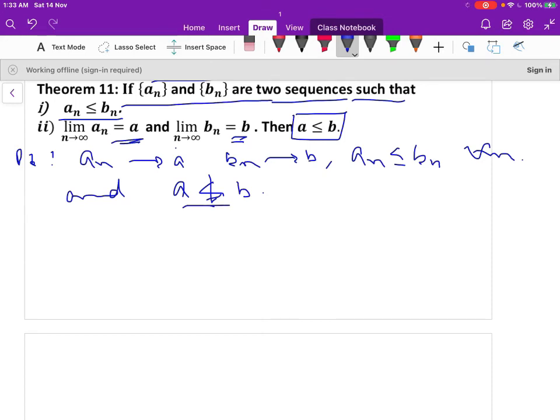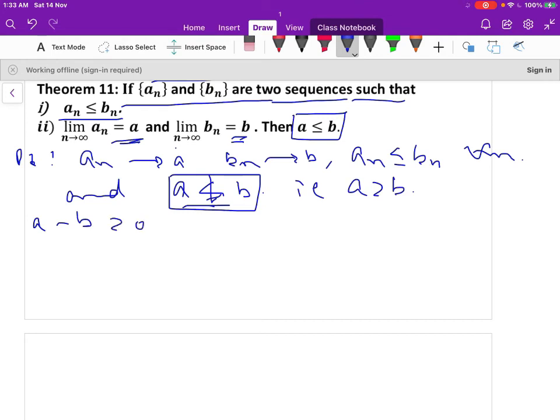So this is our contradiction, but here you have to prove that a is less than or equal to b, but we assumed that a is not less than or equal to b. So that is a is greater than b.